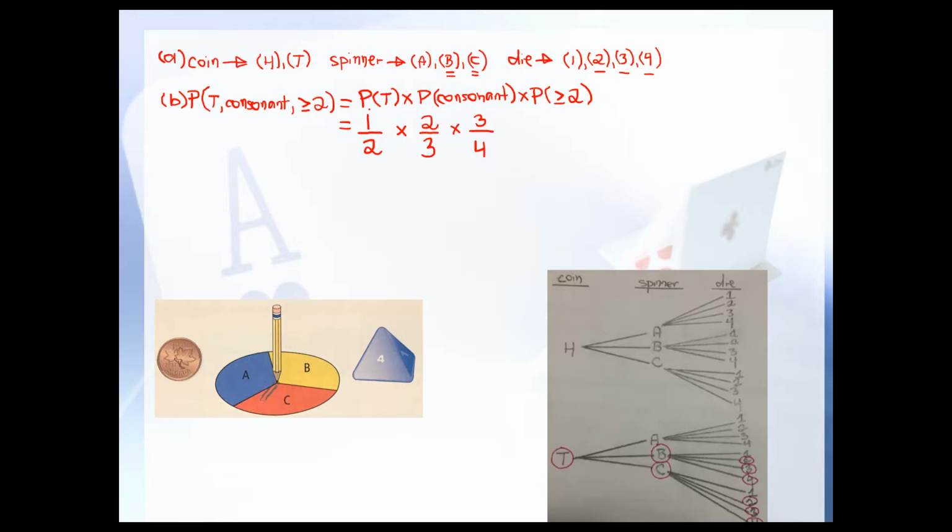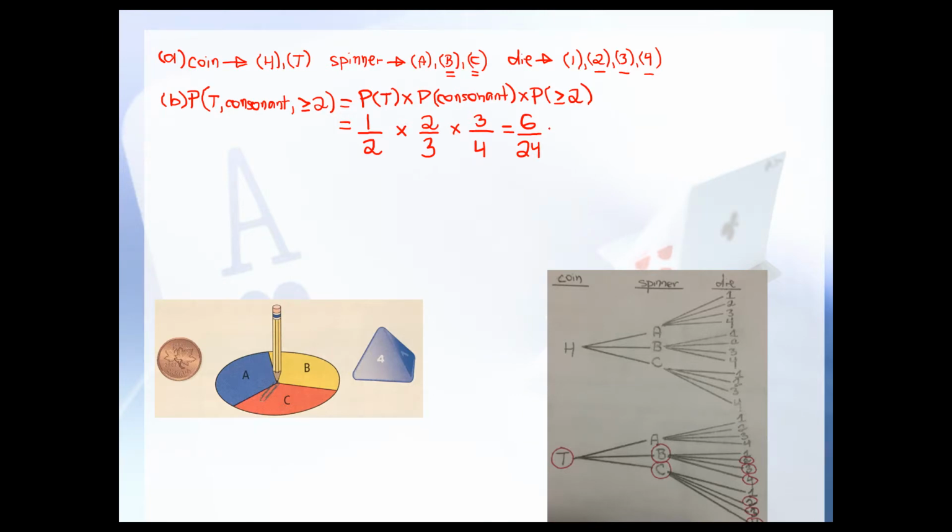So you could just go numerator times numerator times numerator. In fact, that's what I'll just do here. 1 times 2 is 2. 2 times 3 is going to be 6. Then denominator times denominator times denominator. 2 times 3, which is 6, and then 6 times the other denominator of 4 would be 24.